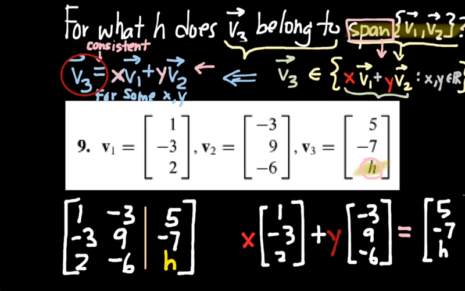So we don't have any zeros on the right-hand side or anything. What we have on the right-hand side is V3. So in our augmented matrix, 5, -7, h is our right-hand side.